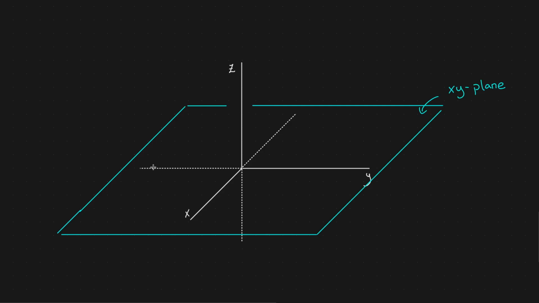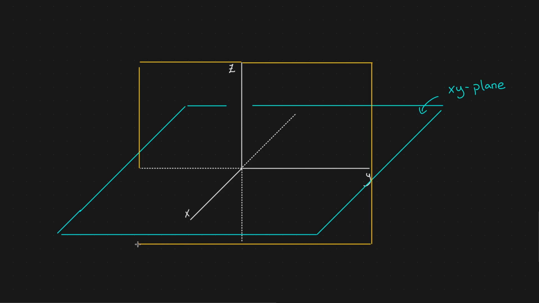The plane where the y and z axes go through, that's the yz plane. And the plane where the x and the z axes go through is the xz plane.